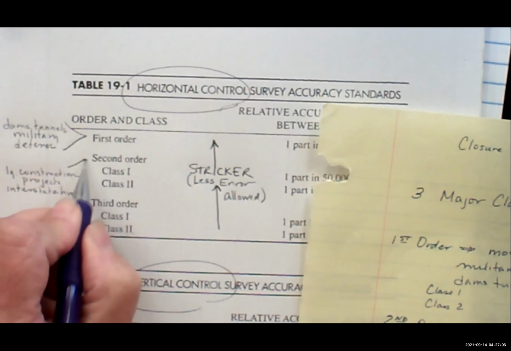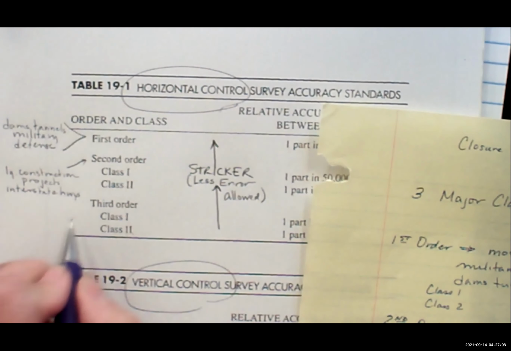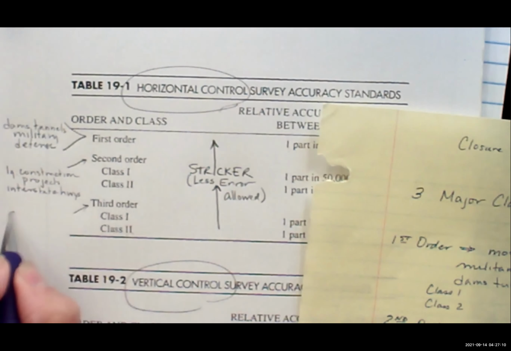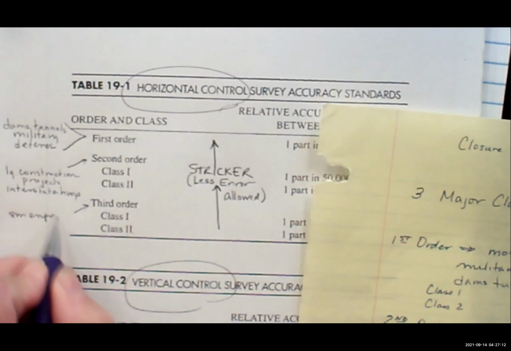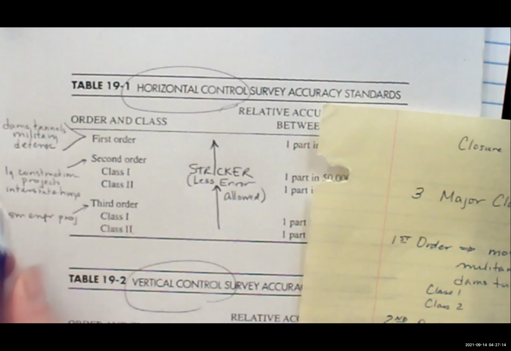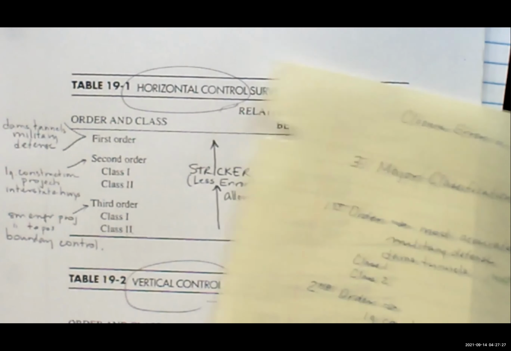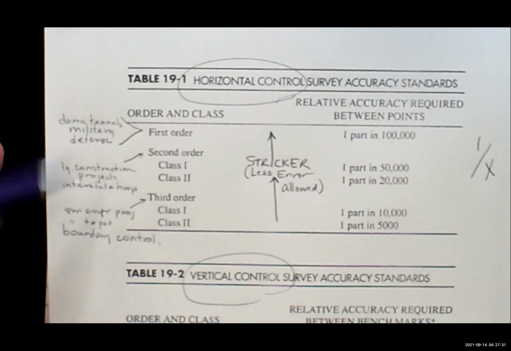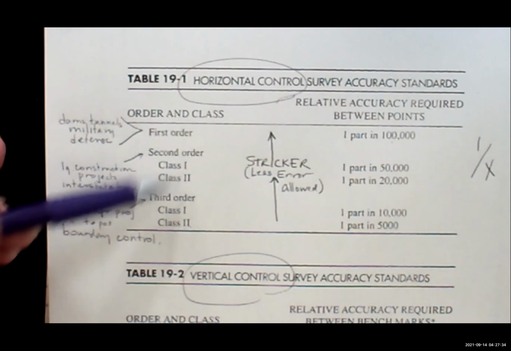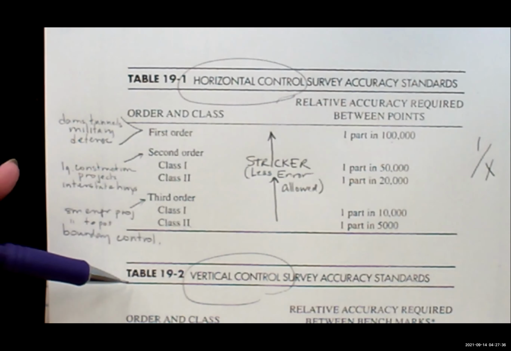That's second order. Third order is small engineering projects, small topos, and boundary control. That's property surveys, right? Okay, so these are the types of surveying projects you might be working on that would require first order, second order, or third order.